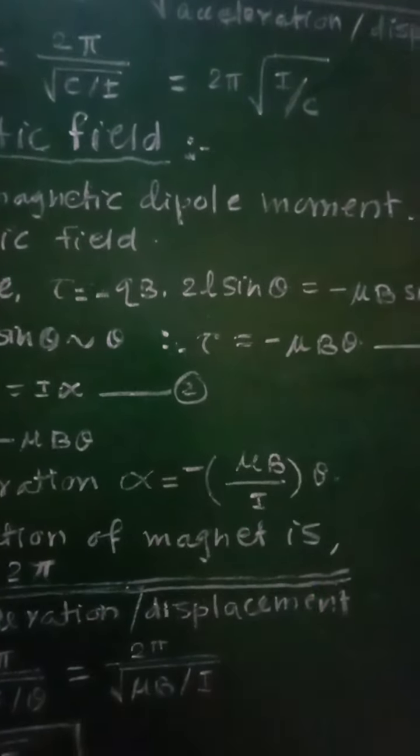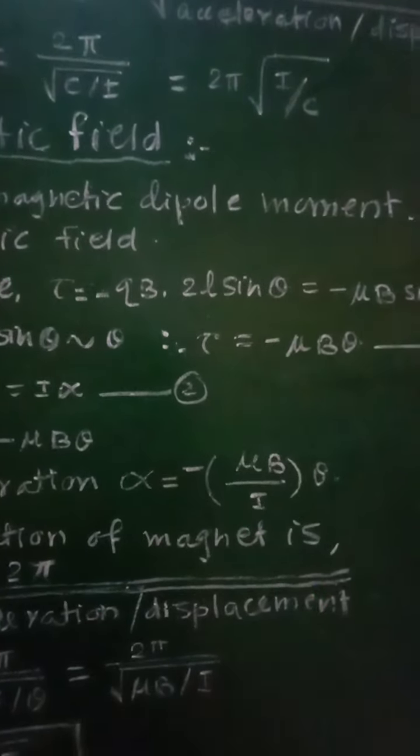And therefore this magnet, when it is displaced from its equilibrium position, will vibrate about its mean position, and therefore it will perform angular SHM.